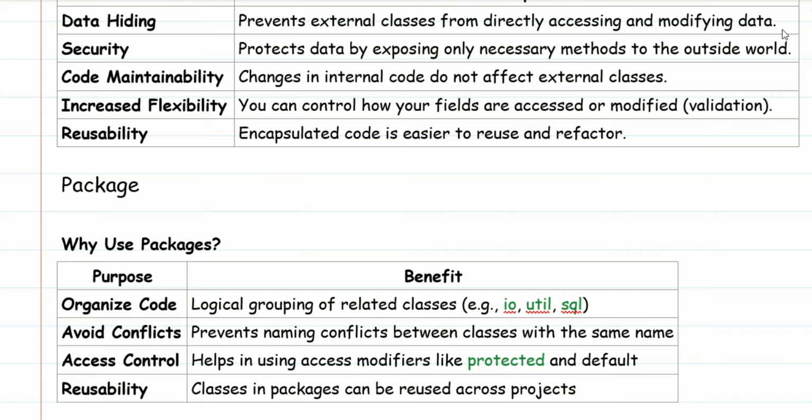Why do we use packages? It organizes the code and avoids conflicts, preventing naming conflicts between classes with the same name. It also helps in using access modifiers like protected or public. Classes in packages can be reused across packages or projects.